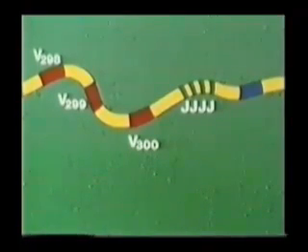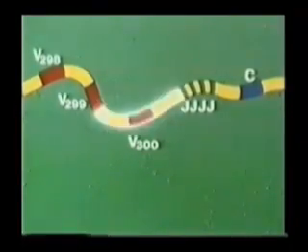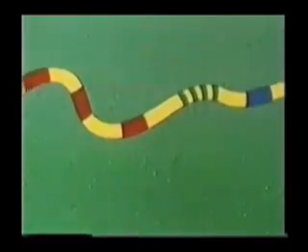Further downstream come the constant domain or C genes. Early in development, each B cell selects a V gene at random, and the DNA which lies between the chosen V gene and the J genes is excised by enzymes and the DNA strand rejoined.